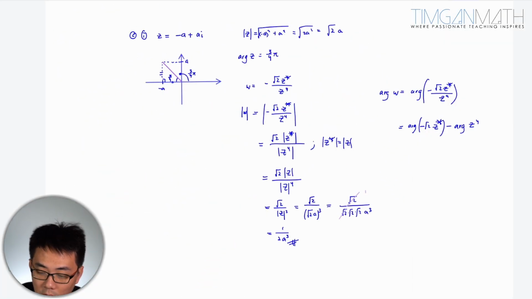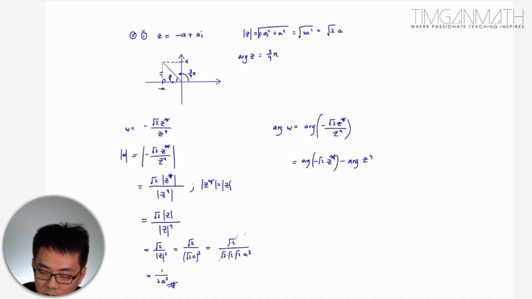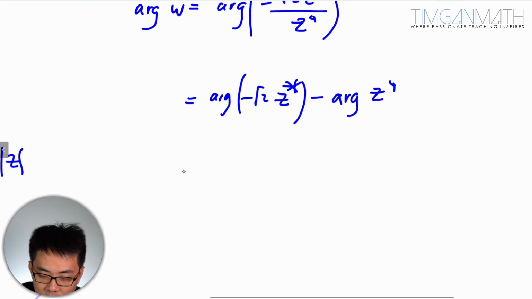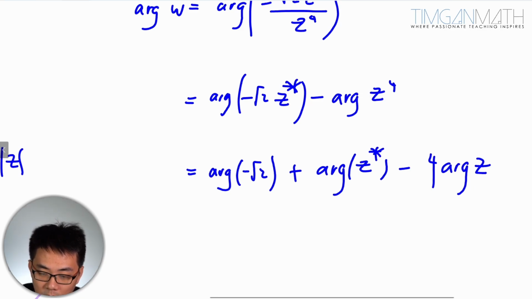It behaves like log, it's precisely the same as the logarithm. Okay, so here, once you're done, what we're going to do is just break this apart. Argument of minus root 2 plus argument of z conjugate minus 4 argument of z. This 4 can be brought down, right? So here's this.